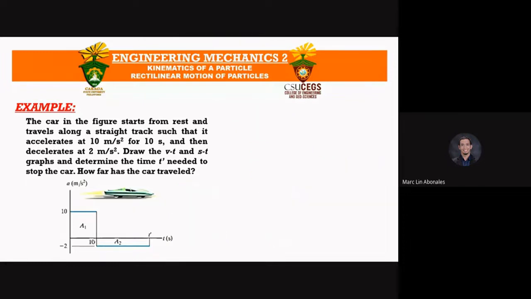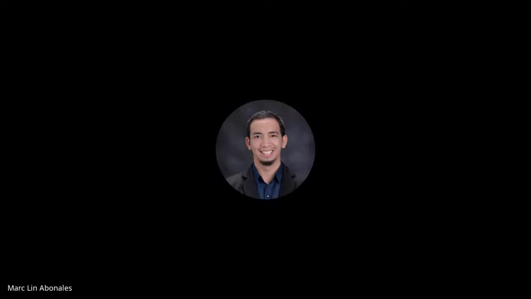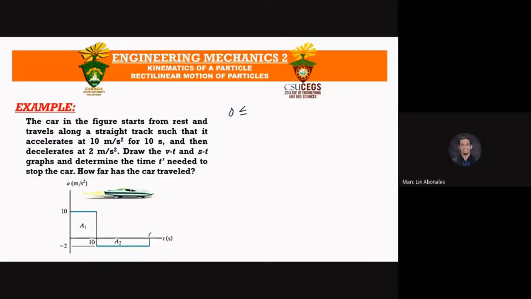I'll just rewrite: from 0 to 10 seconds, v is equal to 10t; from 10 to t prime, v is equal to negative 2t plus 120.